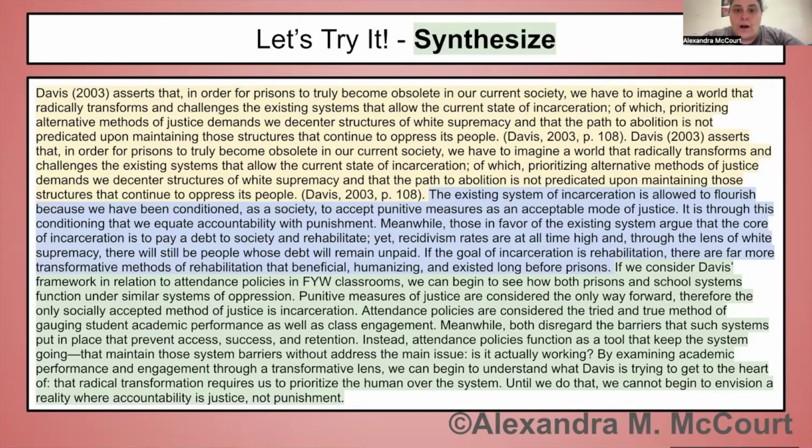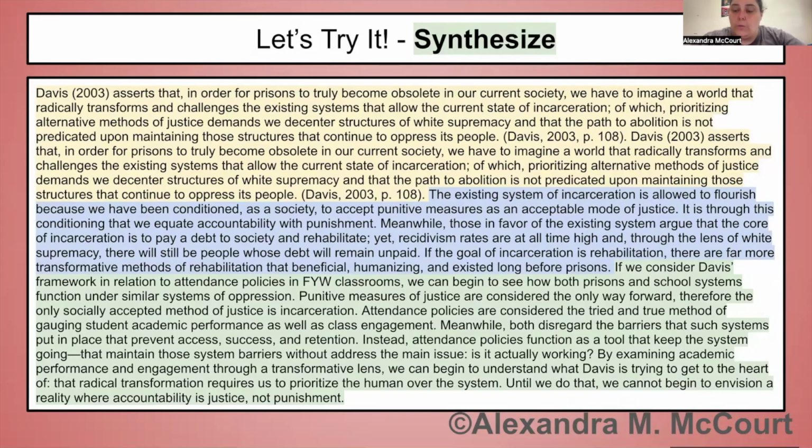So we were able to summarize, analyze, and synthesize one quote without actually directly quoting it. And this takes practice, right? Which is why I broke it down the way that I did. So when you are beginning to synthesize, if it's helpful for you to go through the different stages, first summarize, then analyze, then synthesize, great.